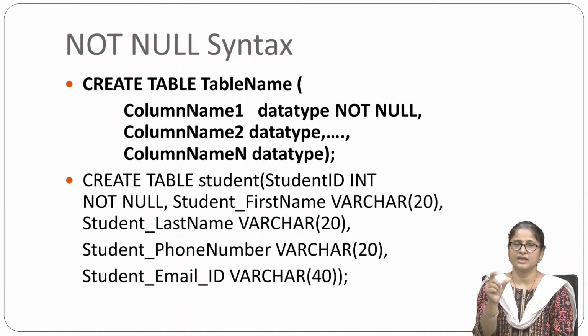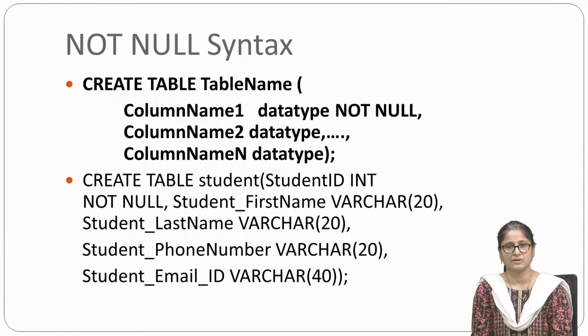If we insert the remaining values and the student ID is null, the database will show an error. It will verify the database definition: what is the structure of the database, and what kind of constraints have been specified on the particular table. If the constraints are successfully satisfied, your data will be inserted into the database table.